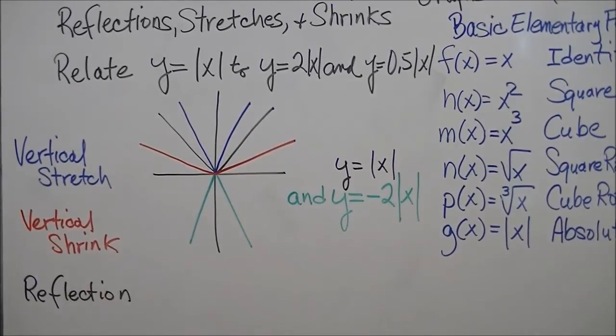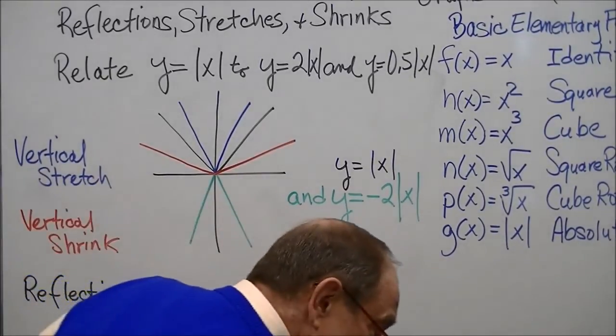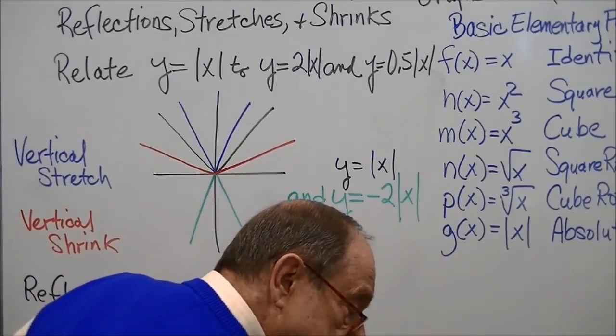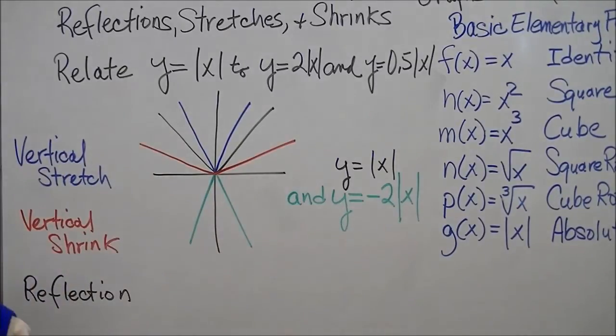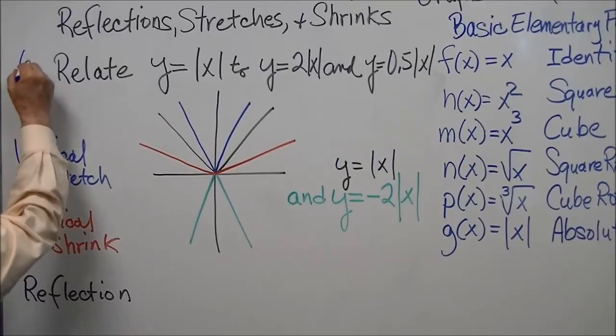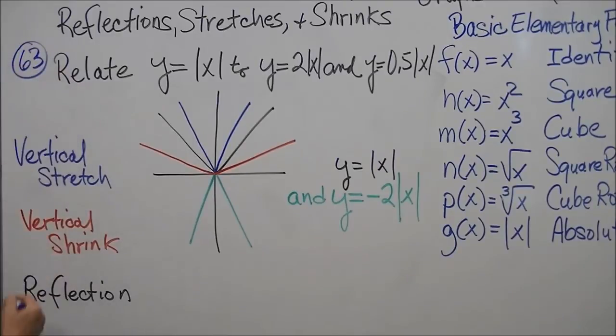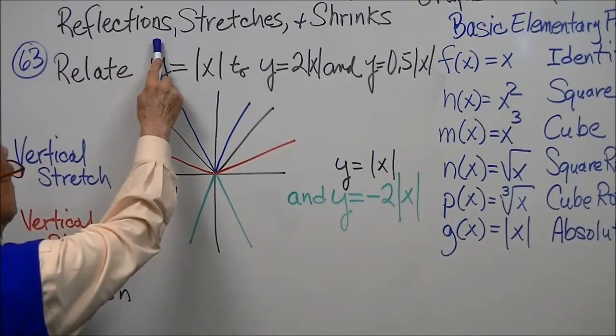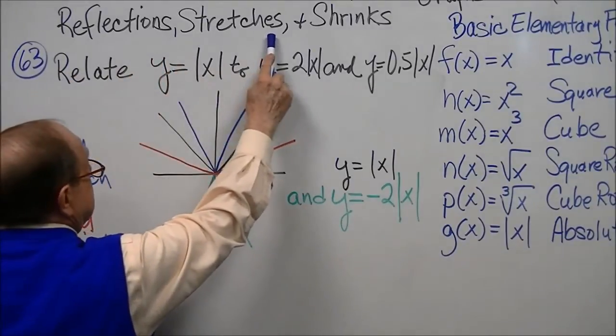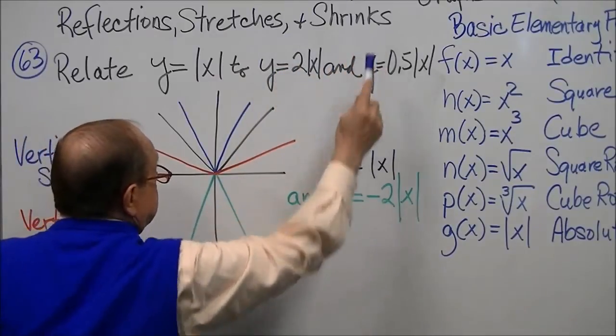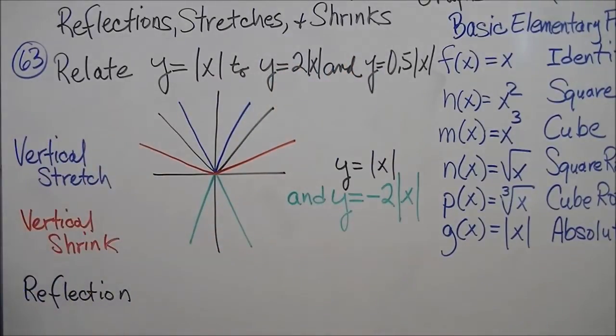Okay, we're now continuing, and actually we're moving on to page 63. And on this page, we're doing what is called reflections, stretches, and shrinks. Again, there's a lot of vocabulary going on.